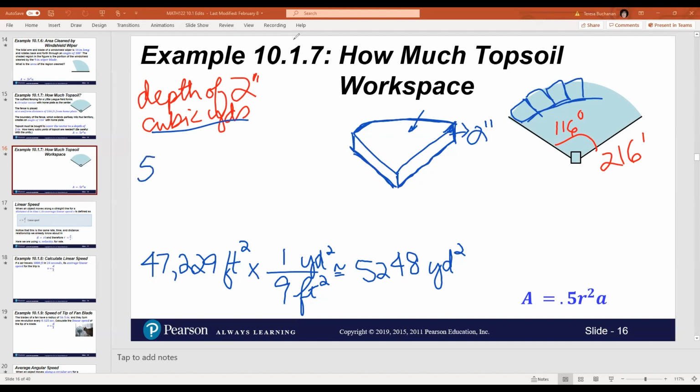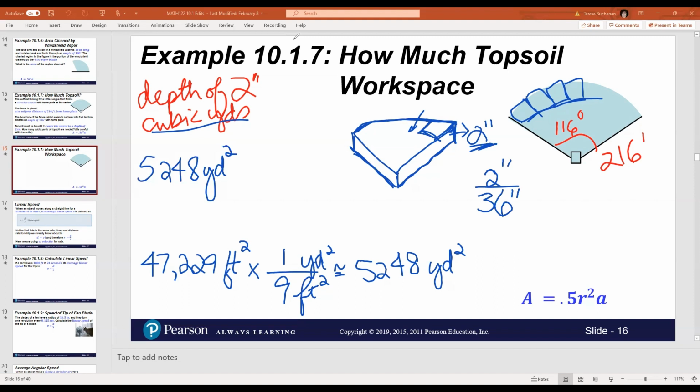So everywhere I have a square yard, I need to multiply to get a depth of 2 inches. But this is inches, right? It's 2 inches out of 36 inches.